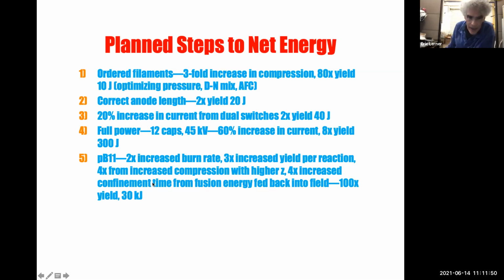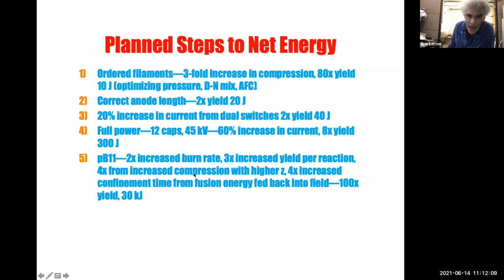We hope this year to finally go to the PB11 with the decaborane fuel. So this would be double the burn rate for this fuel, 3 times as much energy per reaction.